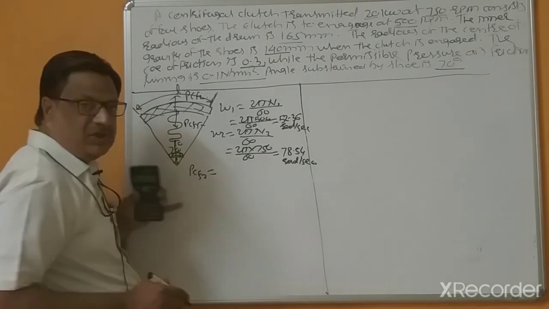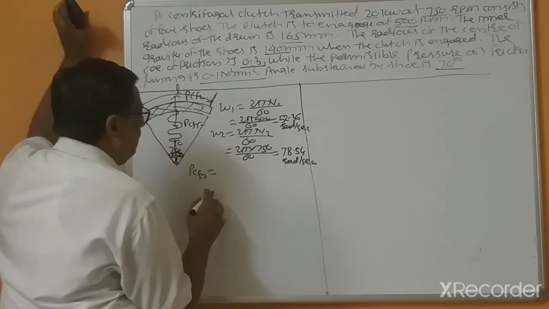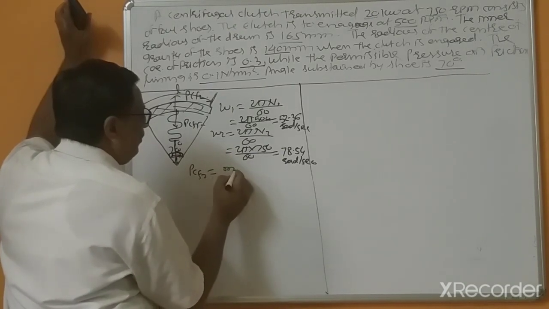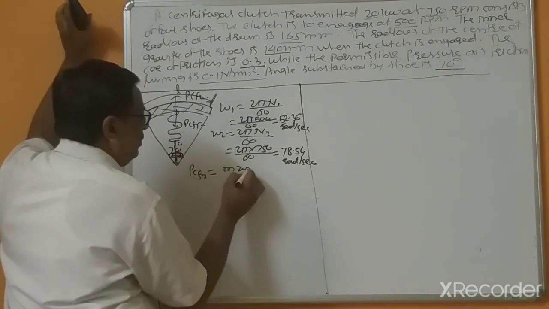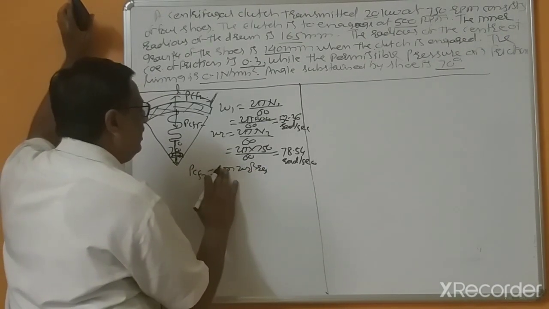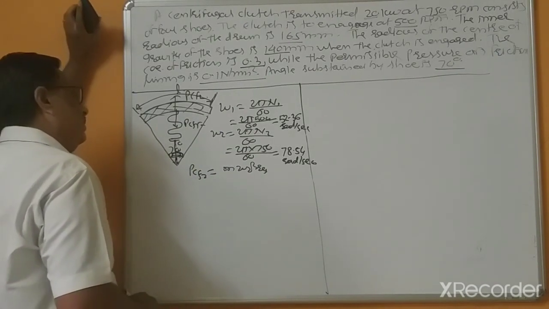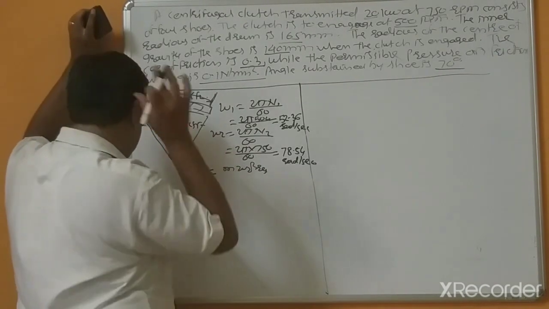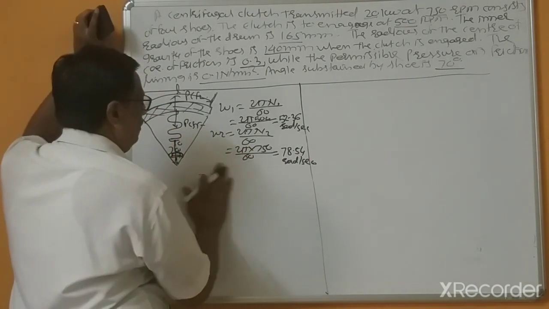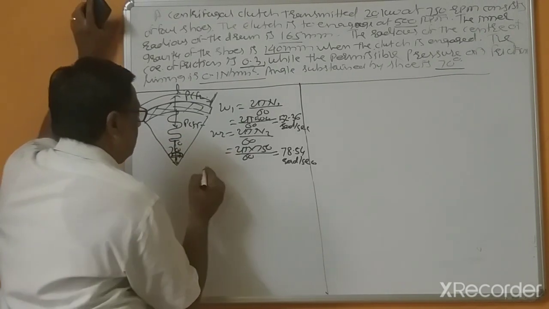Now PCF2, the centrifugal force at full speed, equals m omega 2 square rg, or directly, first we will calculate the torque.